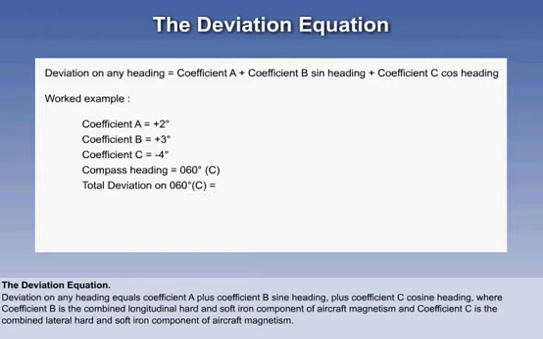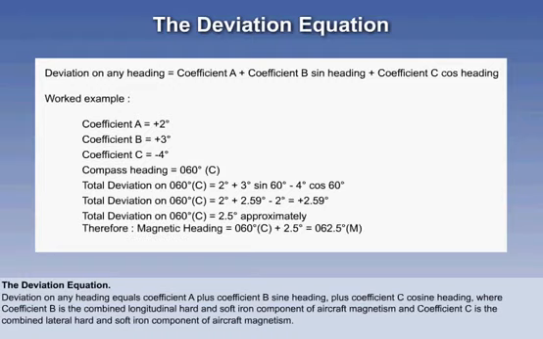The total deviation on 060 degrees equals 2 degrees plus 3 degrees times sine 60 degrees minus 4 degrees times cosine 60 degrees, which equals 2 degrees plus 2.59 degrees minus 2 degrees equals plus 2.59 degrees.